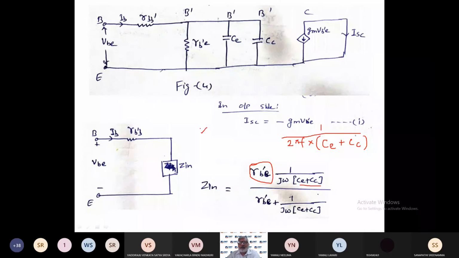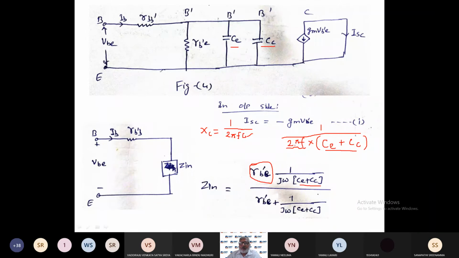See how we represent this capacitive reactance. If you recall, capacitive reactance we represent by 1 by 2 pi f C. By this only we represent. So you see here 1 by 2 pi f and C means equivalent capacitance. CE and CC, they are in parallel. So we have written CE plus CC.